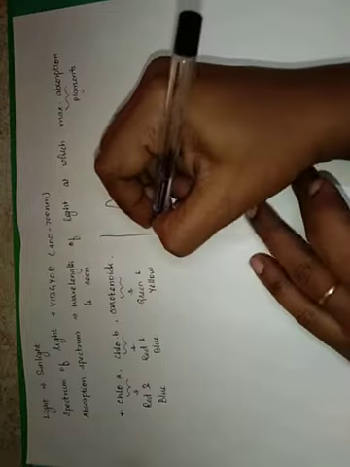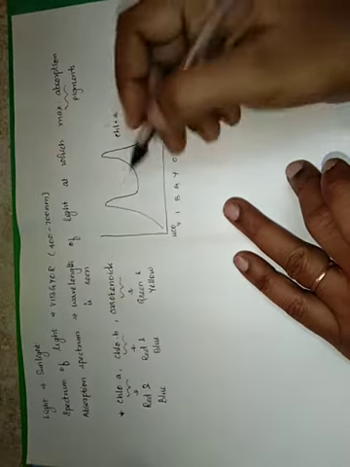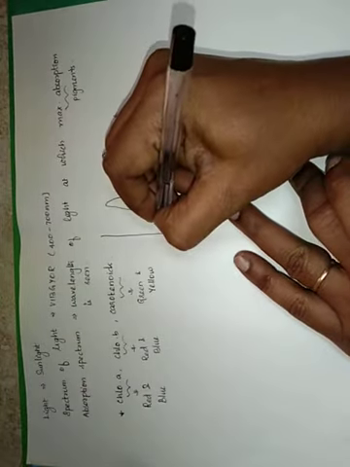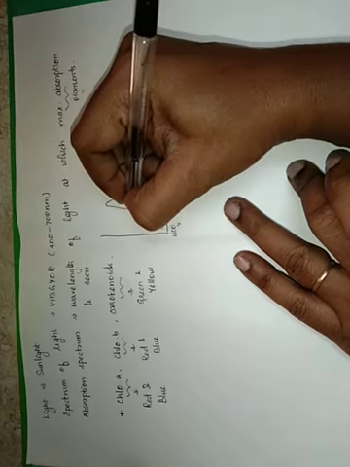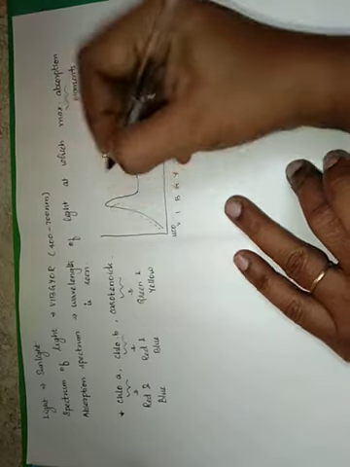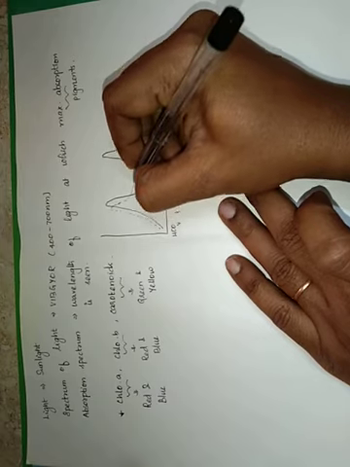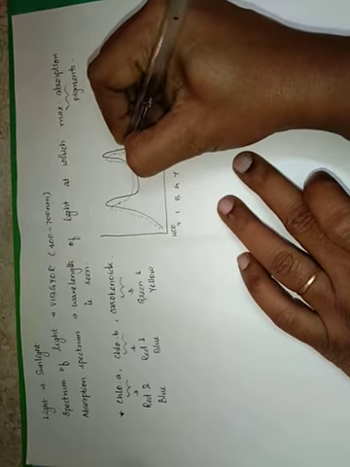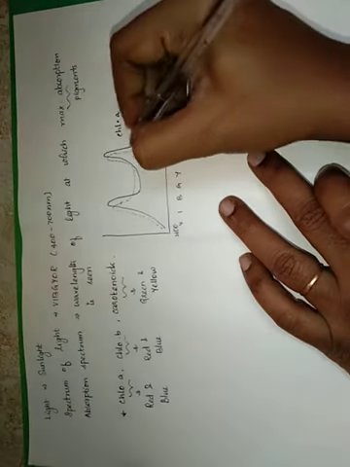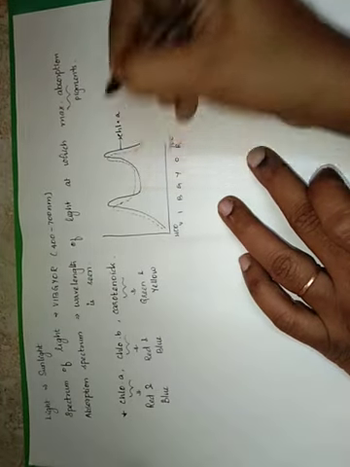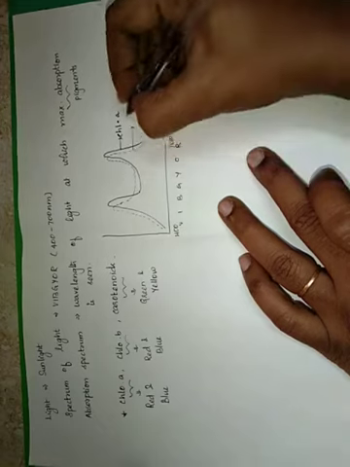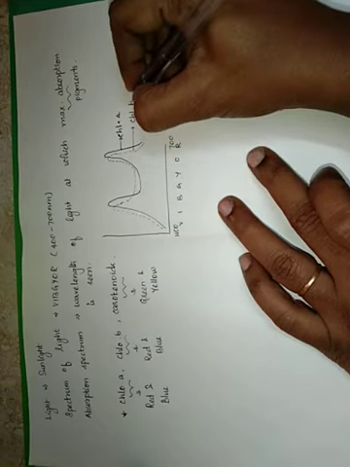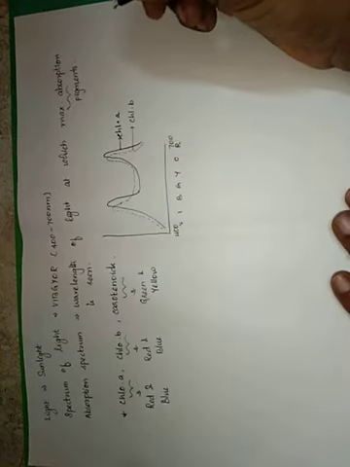And for chlorophyll B molecule, more or less the same wavelength of light had maximum absorptions. I am showing the absorption spectrum of chlorophyll B molecule in dotted line. So this is indicating chlorophyll A absorption spectrum. This is indicating the absorption spectrum of chlorophyll B molecule.